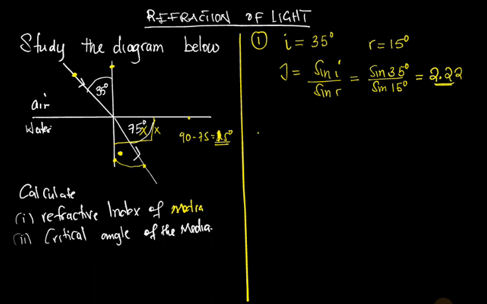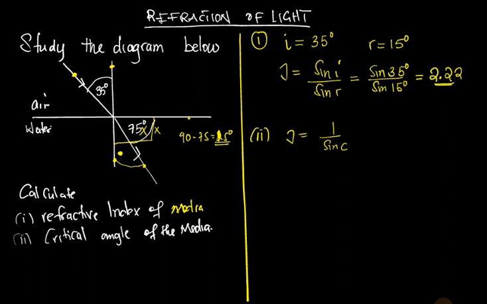Part 2 is about the critical angle of the medium. The critical angle and the refractive index are related by the equation: refractive index is equal to 1 over sine C, where C is the critical angle.